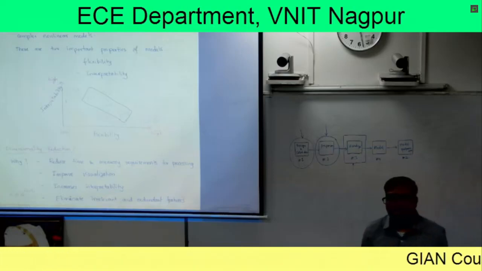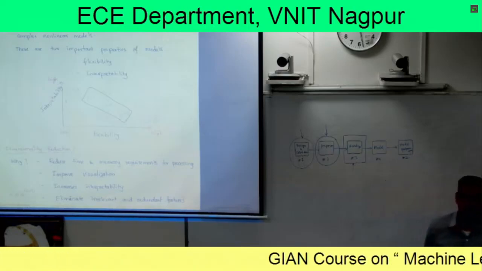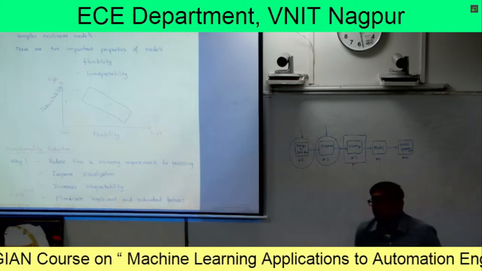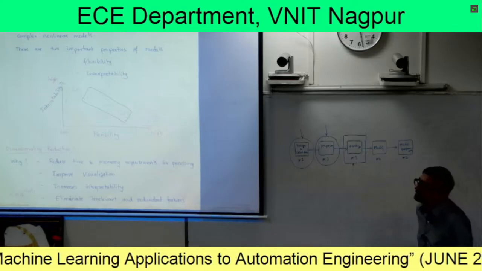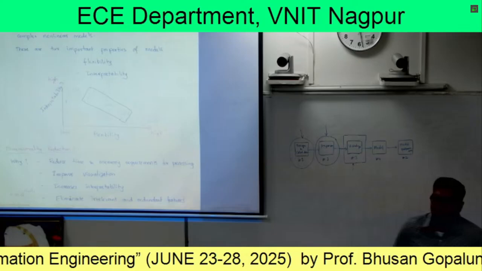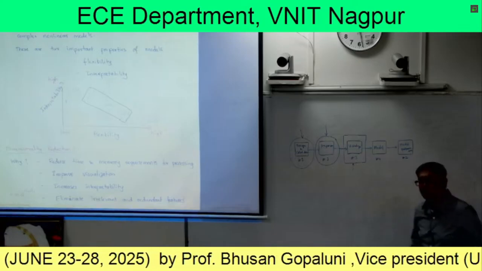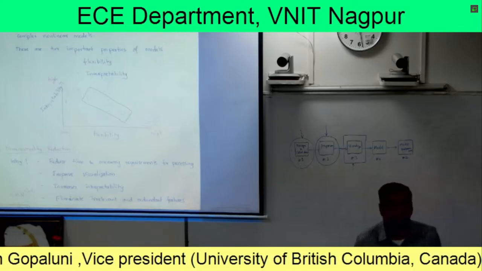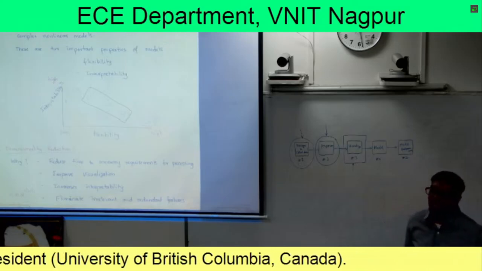Right. So you can build first principles models, right? That's not a problem. But not all processes are amenable to building high quality, high fidelity first principles models. What do I mean by that?